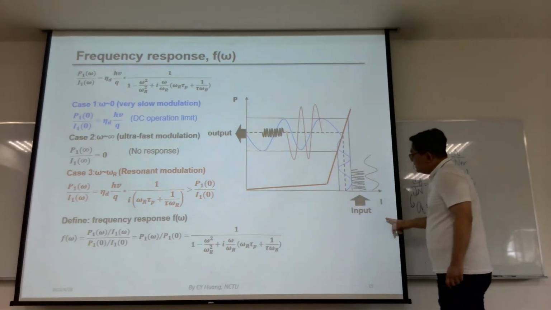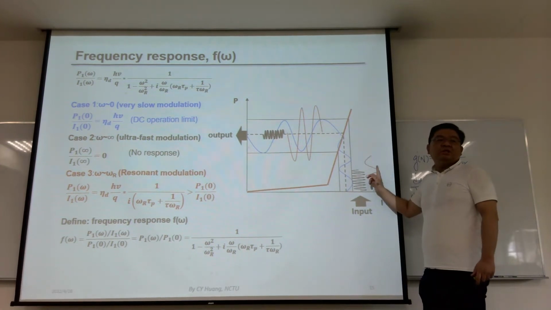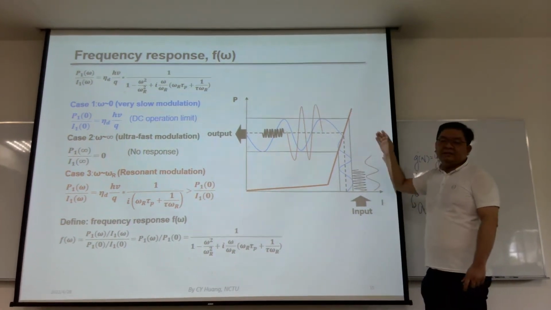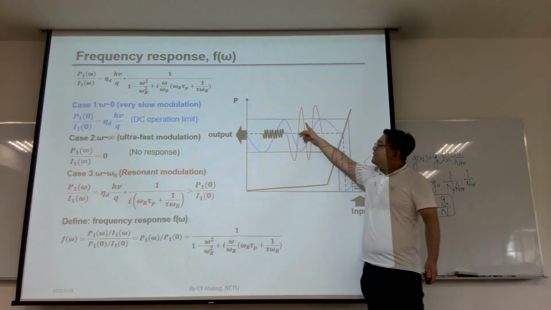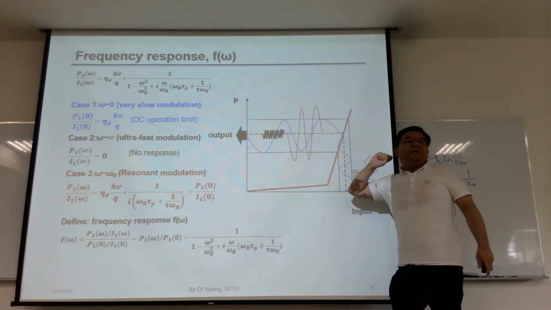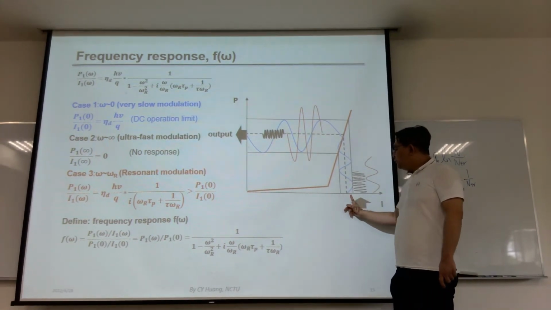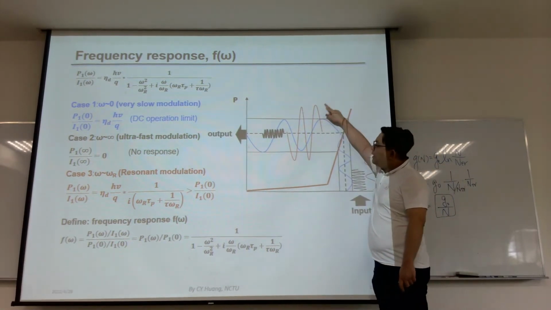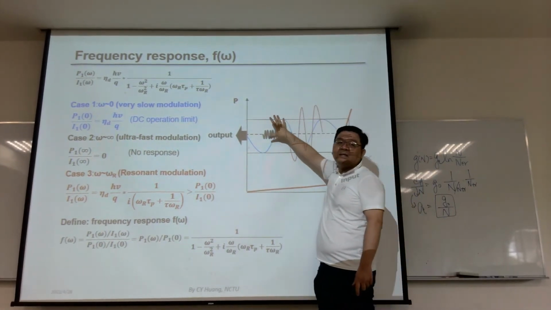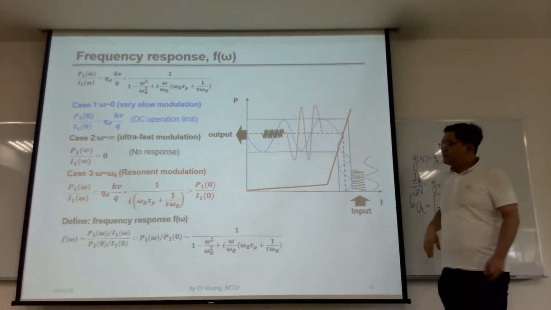That means the carrier injection matches the peak of the optical modulation. So although you are still modulating in this region, your optical power is actually escalating higher than its DC response.